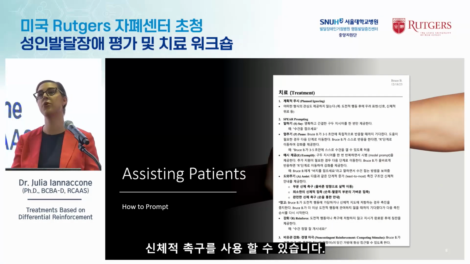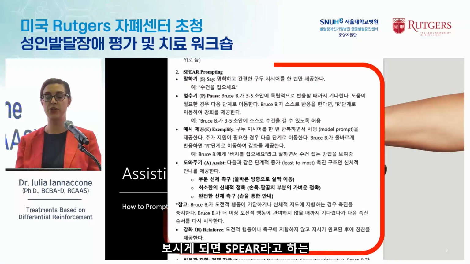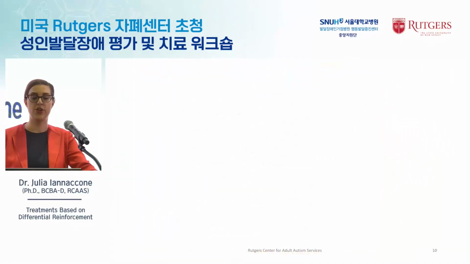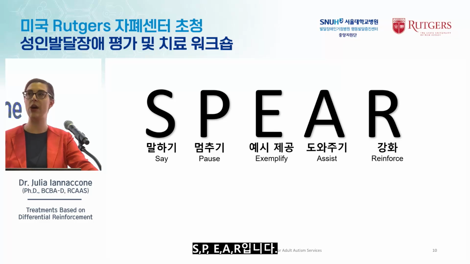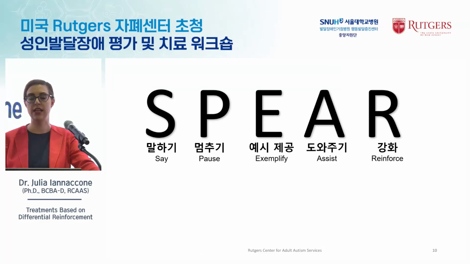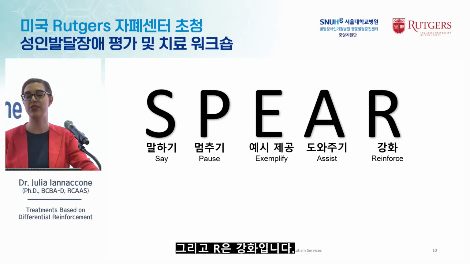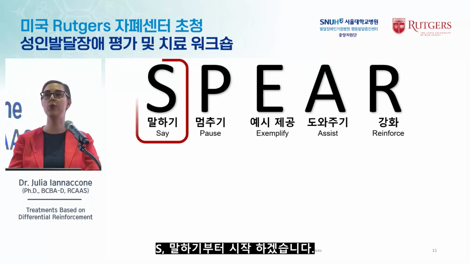In the treatment protocol that you guys have, there is a section, component number 2, that covers SPEAR prompting. SPEAR stands for S-P-E-A-R. S is say, P is pause, E is exemplify, A is assist, and R is reinforce. I'll break those down one by one, starting with say.